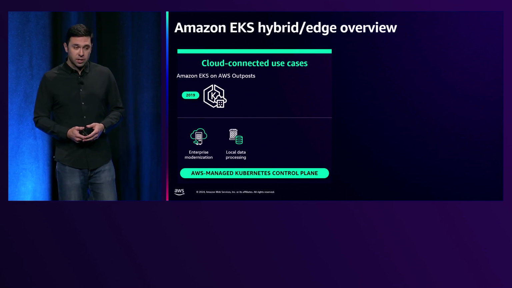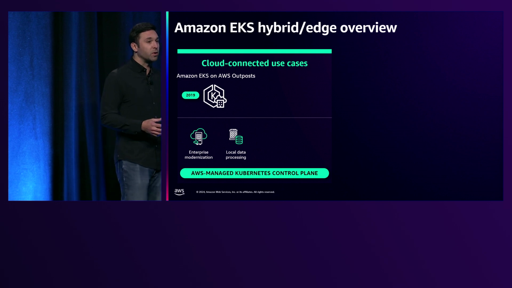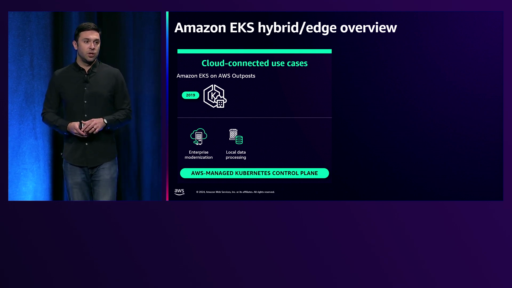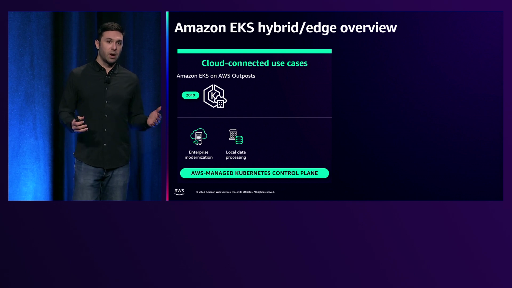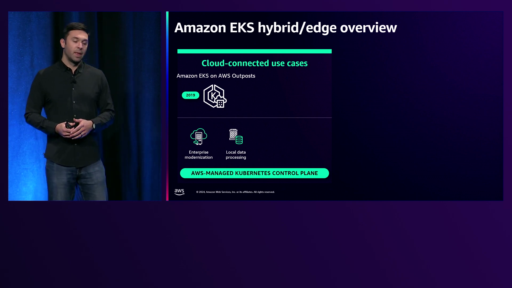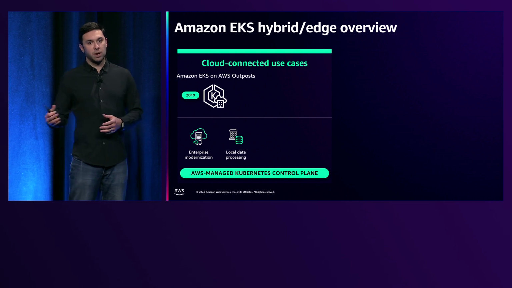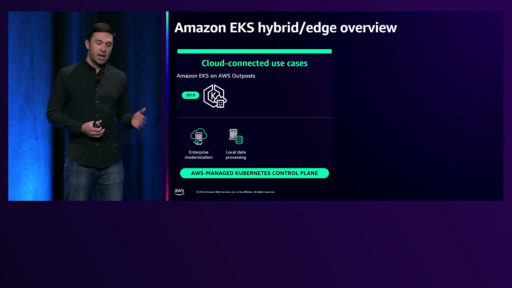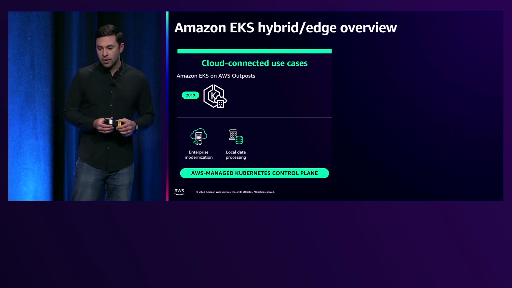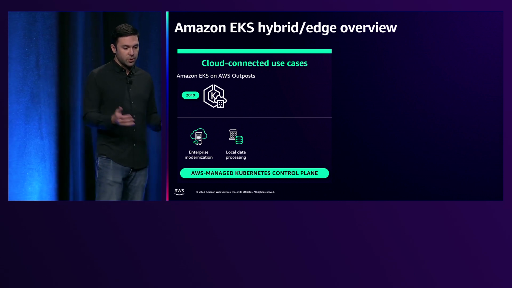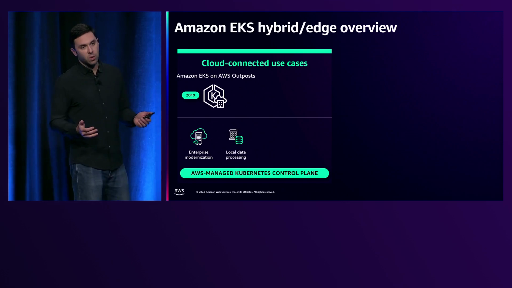And so we've seen customers adopt EKS on Outpost for a number of use cases. A few of them are highlighted on this slide. Use cases like general enterprise modernization or local data processing, so banking applications or real money gaming applications, to name a few. However, through EKS on Outpost, we learned that there is a customer segment with a certain type of workload that we really weren't addressing.